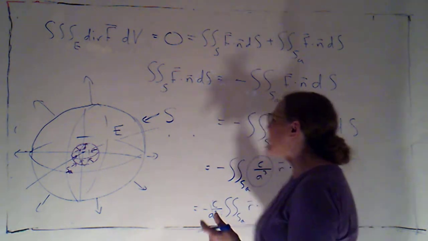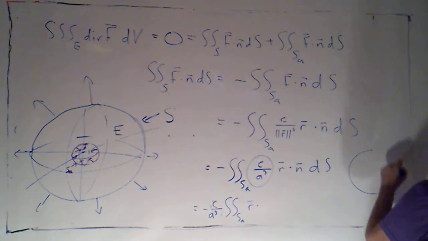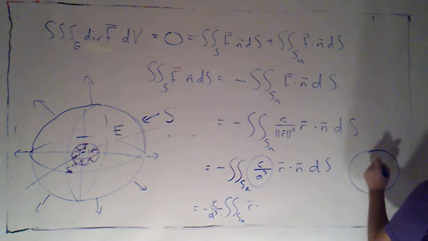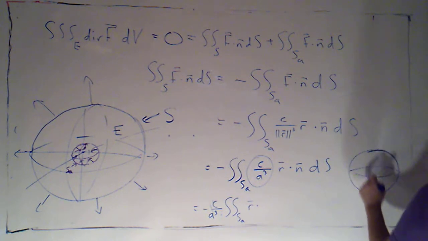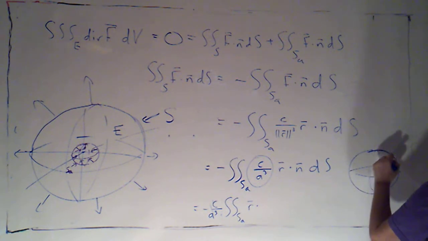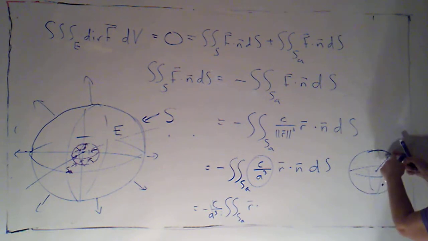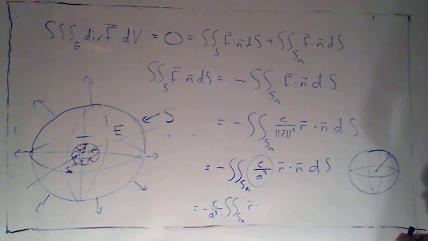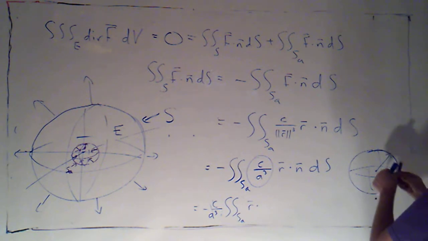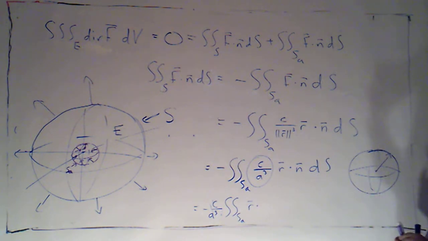Now when I have a sphere centered at the origin, R is the position vector that's pointing to that point on the sphere. I know that what's normal to the sphere, if it pointed out, would be just continuing in that same direction, and if it's pointing in, is pointing in exactly the opposite direction.